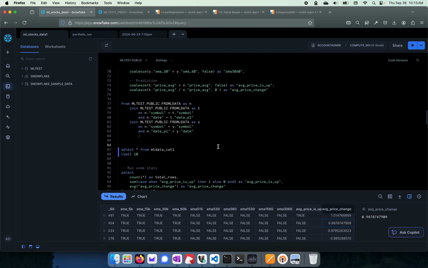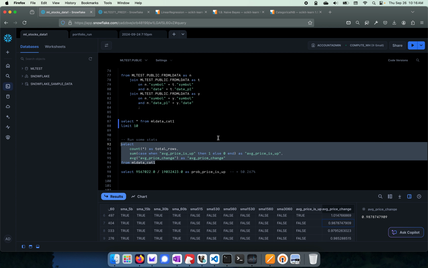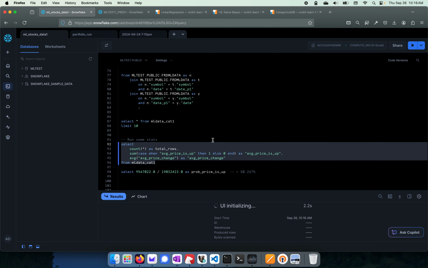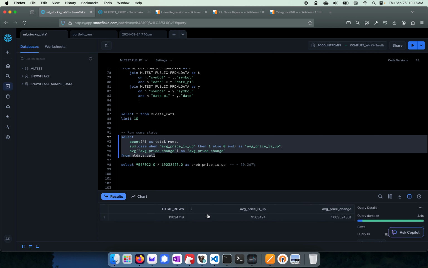Okay, so before we proceed further, let's get a baseline statistic. Let's take a look at what our data is showing as a baseline for the likelihood a stock will go up or down. And I had already pre-calculated some of this.